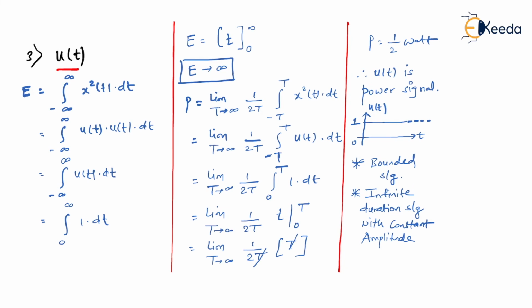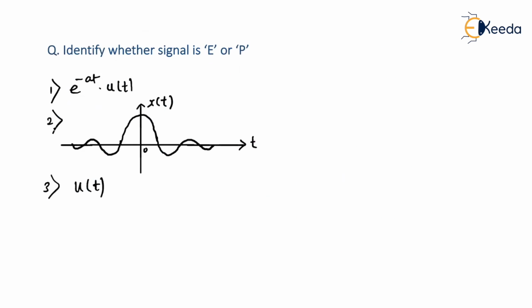So just by looking at the graphical behavior or characteristics of the given signal, one can easily identify whether it is an energy signal or a power signal. One can also identify whether it is neither an energy nor a power signal. We'll also see what the third category is. One more problem is left: for this x of t, we also have to identify whether it is energy or power.